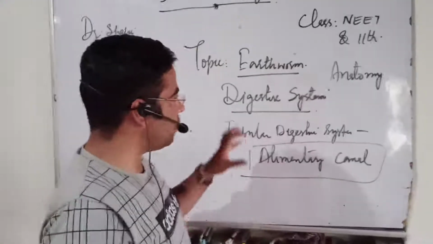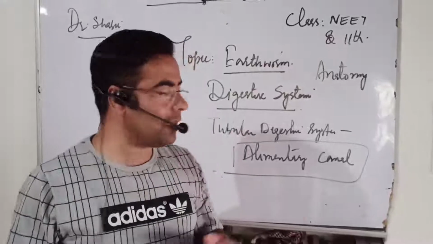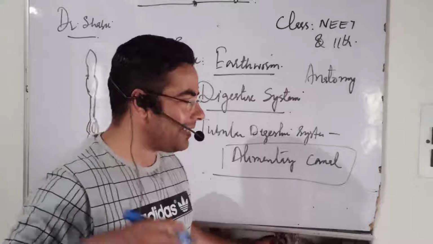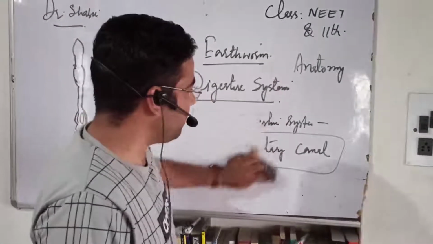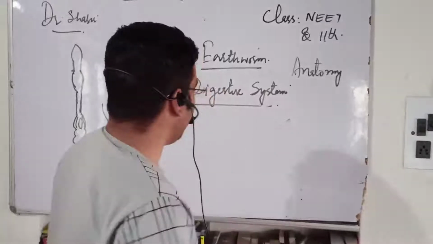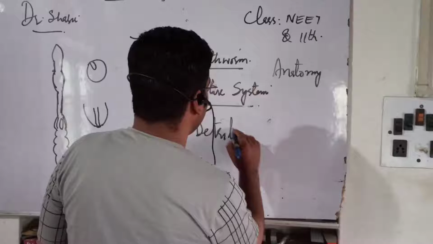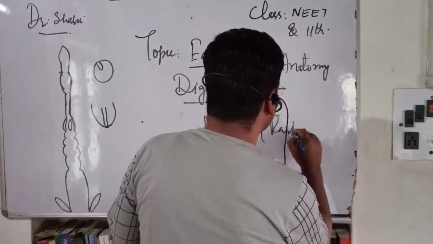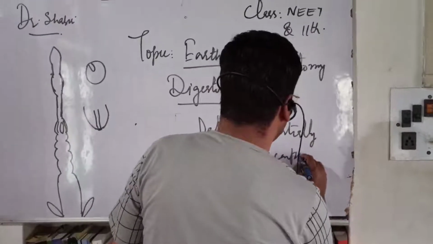So when we talk about the digestive system of earthworm, तो सबसे पहले हम एक कॉन्सेप्ट पढ़ेंगे कि जो earthworm होता है इसका खाना क्या होता है. जैसे हमारा खाना होता है, we take rice, we take so many things. So इसी तरीके से जो earthworm होता है इसका जो फूड होता है that is actually detritus. Detritus means जो partially decomposed leaves वगैरह होते हैं.